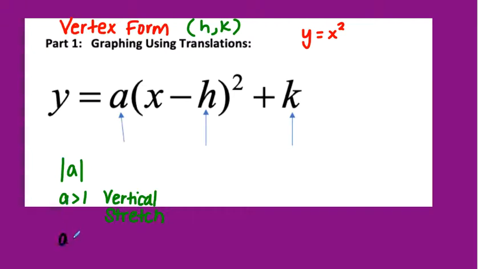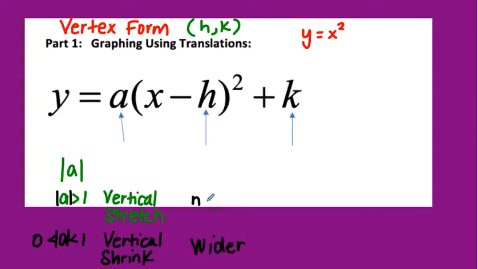And if the absolute value of a is between 1 and 0, so it's a fraction smaller than 1, it's a vertical shrink, shrinking away from the y-axis. So this one is going to look wider than the parent, and this one is going to look narrower than the parent.